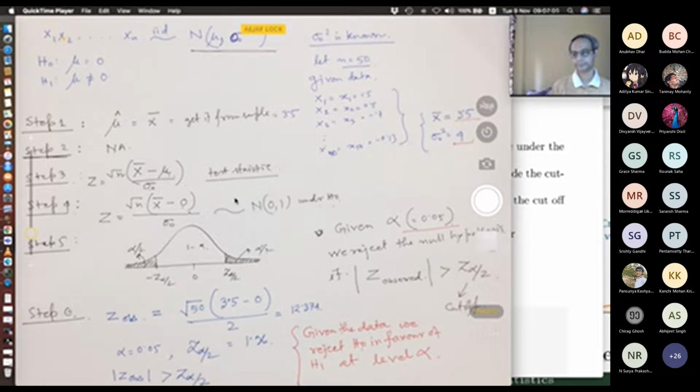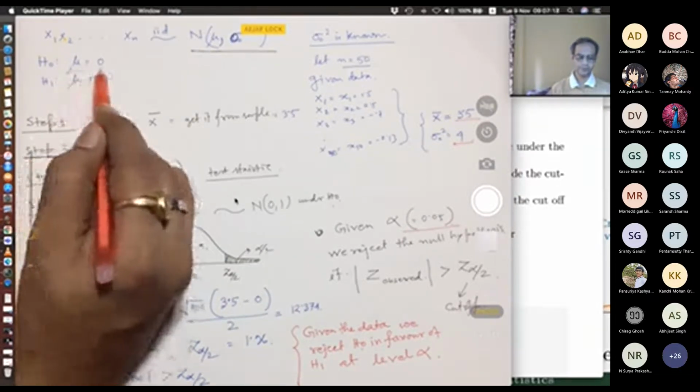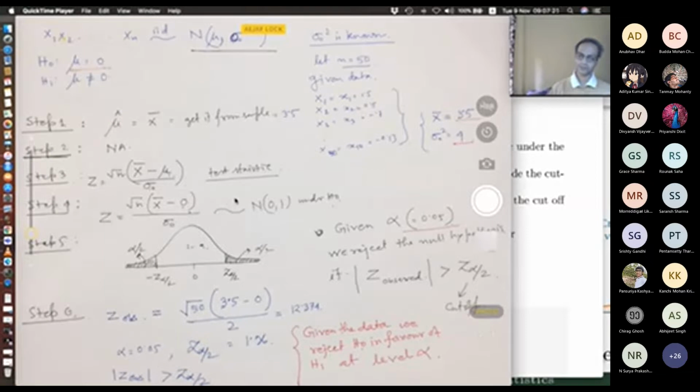So the only variable that can remain is the one which is specified in the test, like H naught. So here only mu is the one that we are changing, because the hypothesis is specifying mu only. Yes, sir. So apart from that, everything should be fixed, intact.